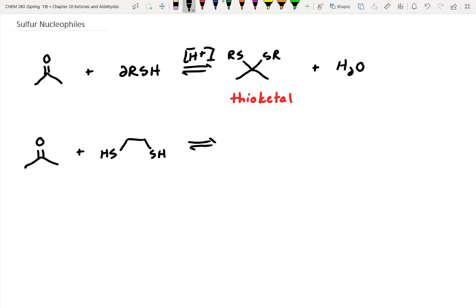This looks a lot like what we did with alcohols too, where you make that cyclic system. So this would be a cyclic thioketal.